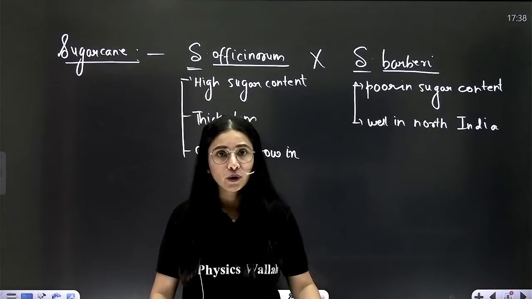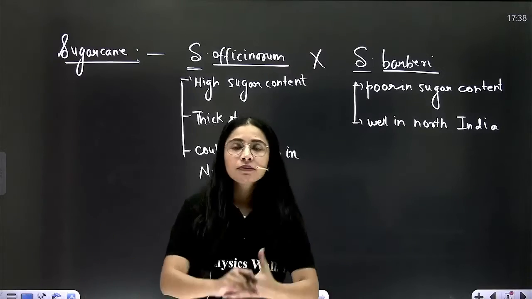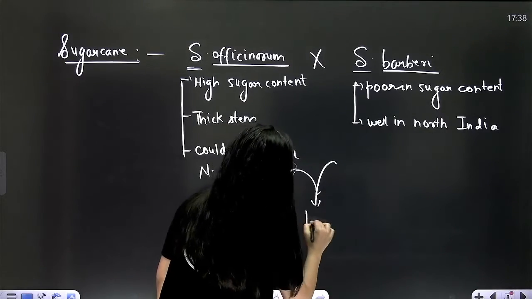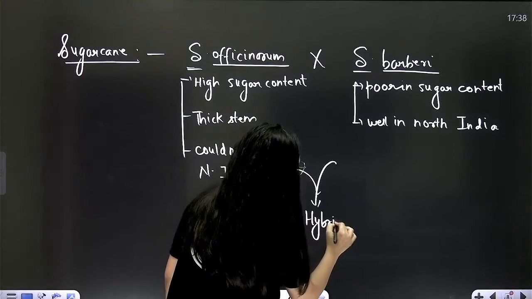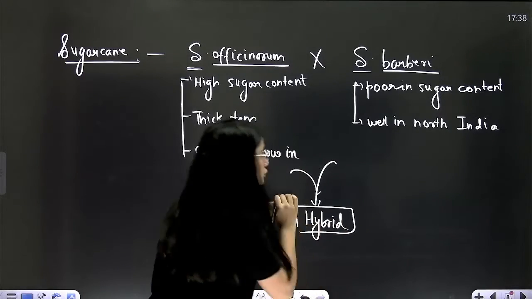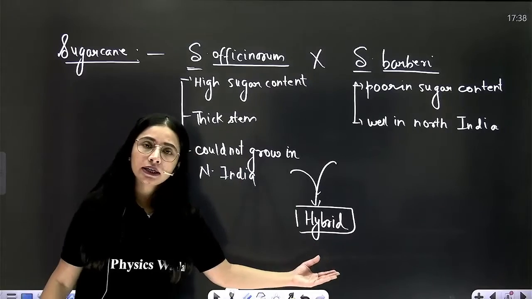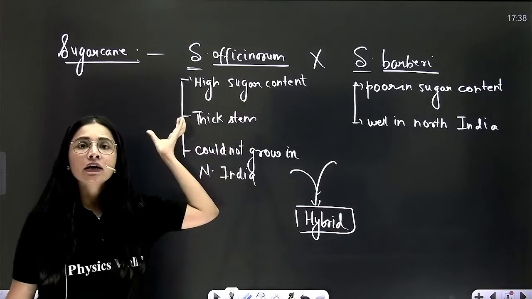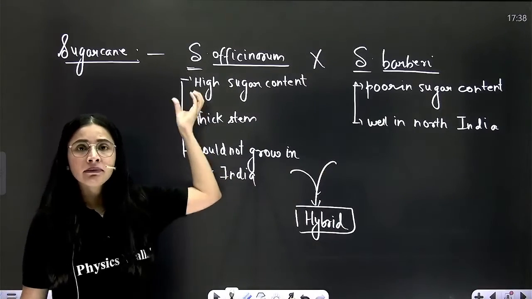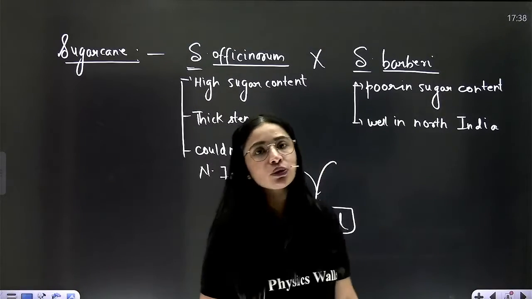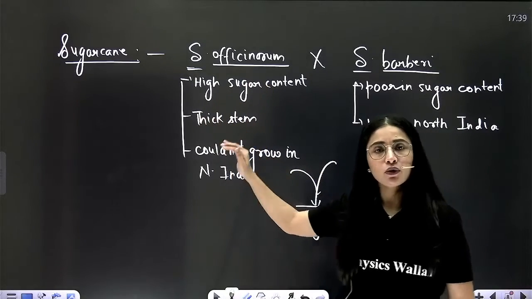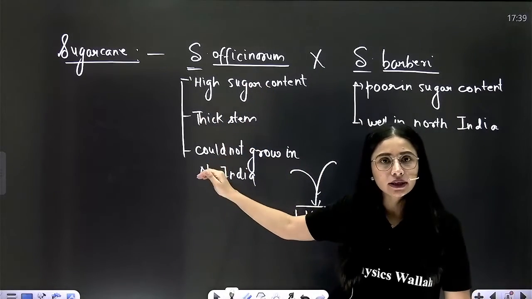So therefore, scientists crossed both the varieties and obtained a hybrid variety of sugarcane which was not only able to grow in North India but also had a good thick, solid stem that resulted in high sugar content. Officinarum's trouble was that it was restricted to South India.